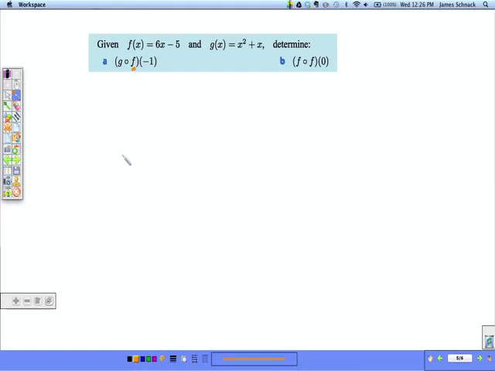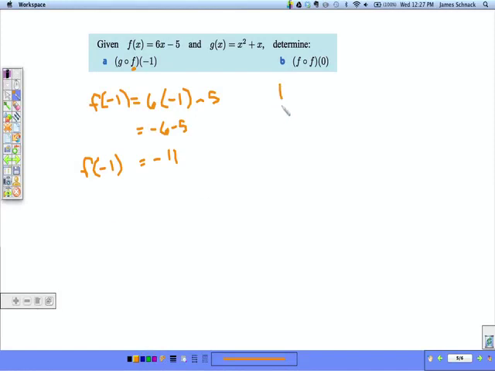This machine we use is function f. So I'm going to find f of negative 1 first. f of negative 1 says take 6 times negative 1 minus 5. So f of negative 1 is equal to negative 11. That's what's coming out of the first machine.